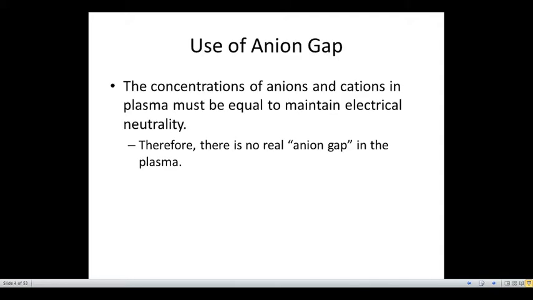The concentrations of anions and cations in the plasma must be equal to maintain electrical neutrality. Therefore, there is no real anion gap in the plasma.